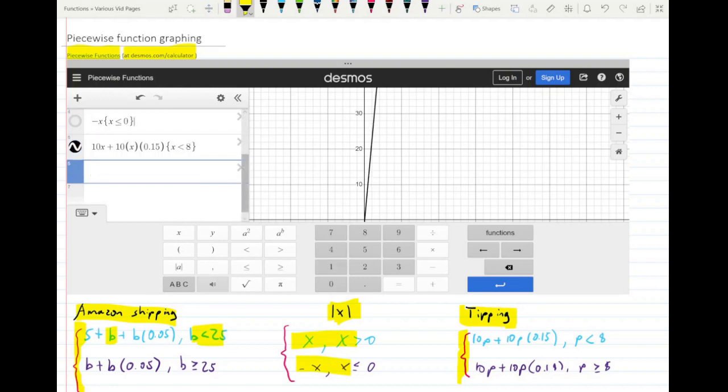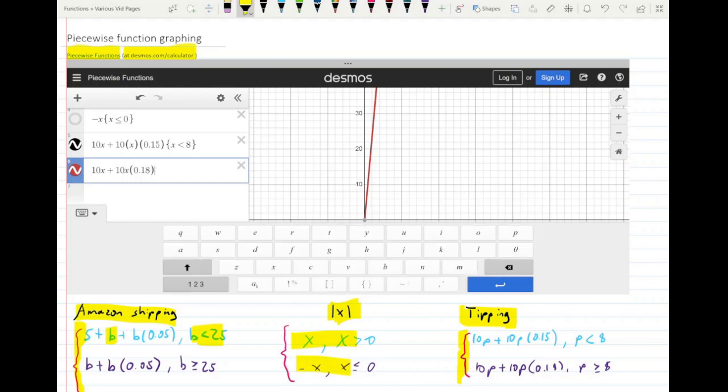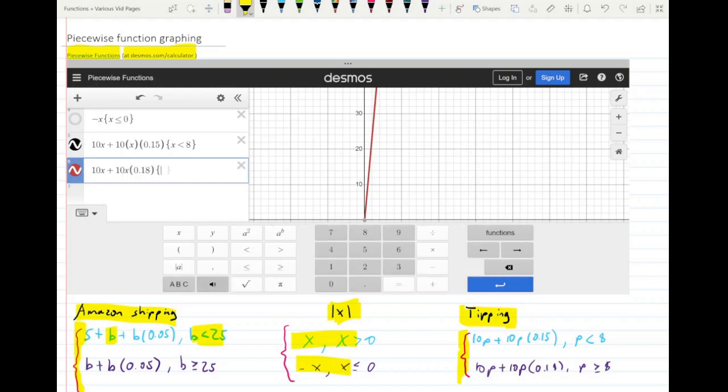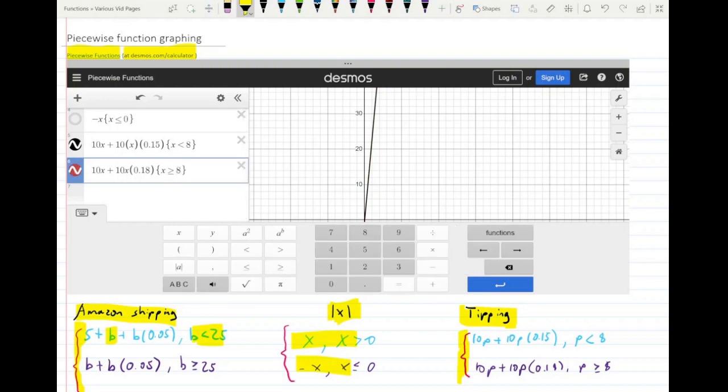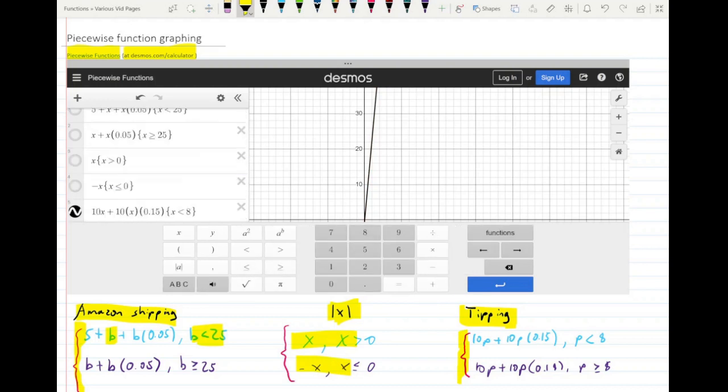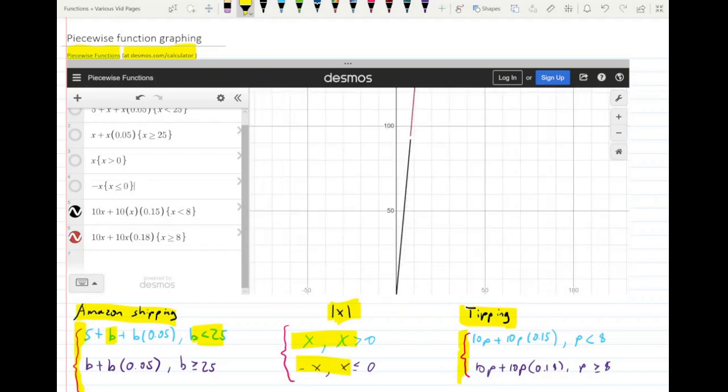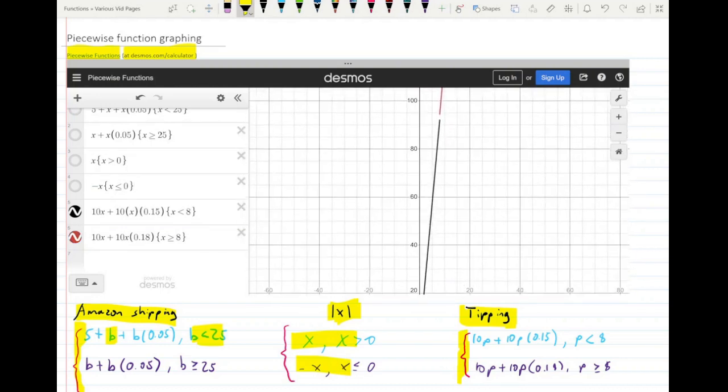And then type in the second rule, using x instead of p, as usual. Add on 10 times x times 0.18. Add in the restriction. x being at least 8. And that gives you a lovely piecewise function right here, as you can see.